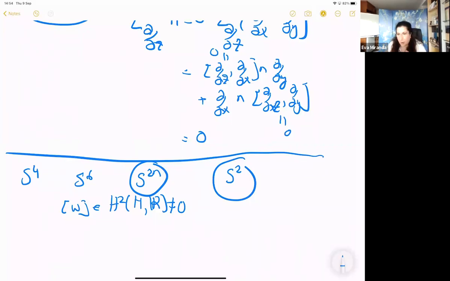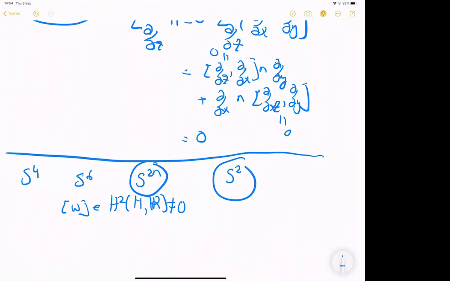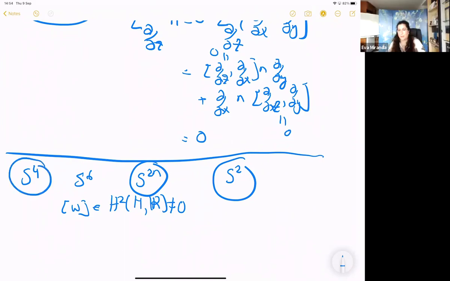Now, this is a question to think about. The list of problems is a list of questions to think about, but I'm going to give you a philosophical question, because I think, Raju, you like philosophical questions. I'm going to take S4, and I'm going to ask you, can you find a structure on S4 with dense symplectic leaves?